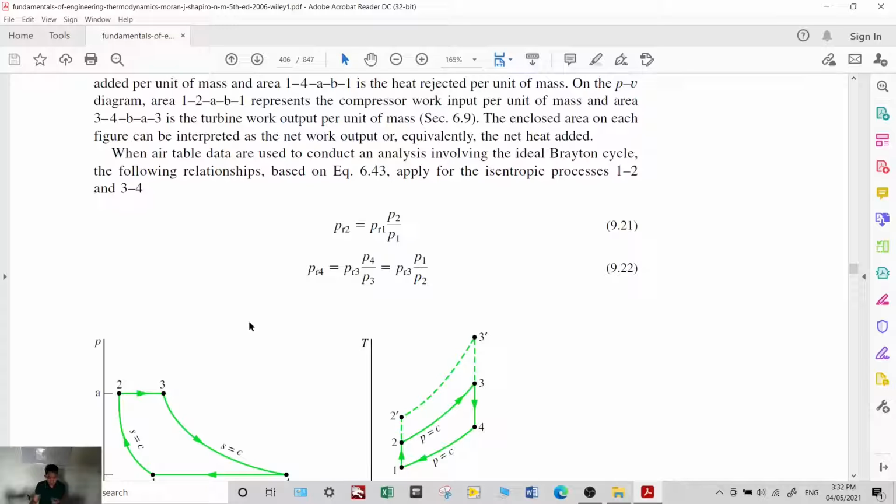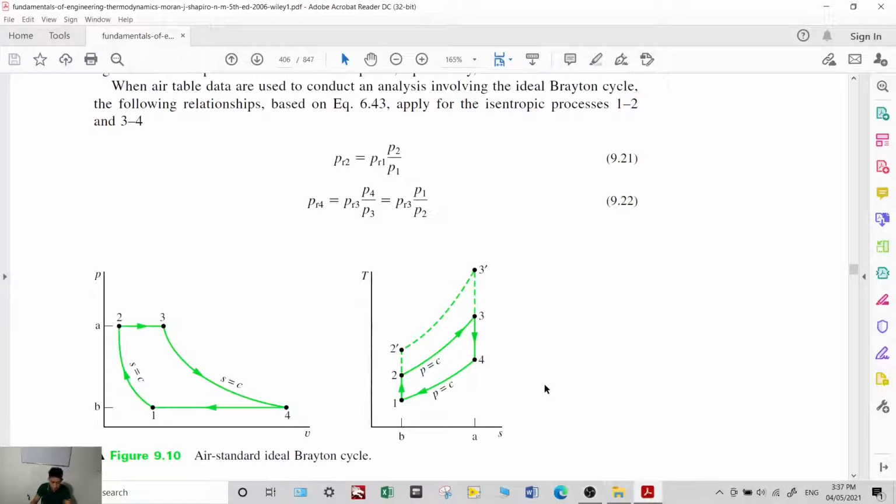So for an air standard analysis, you can use these equations. The pseudo reduced pressure, no, sa imong table. Okay, so these equations are just used for isentropic processes. So, ma-apply lang nimo na siya for process 1 to 2 and process 3 to 4. This one.